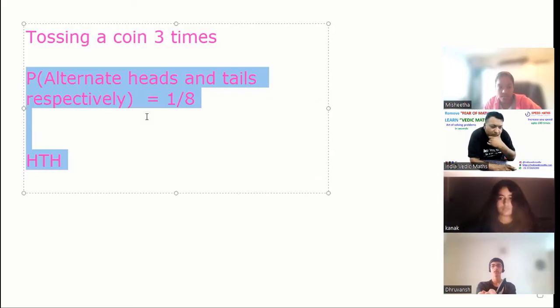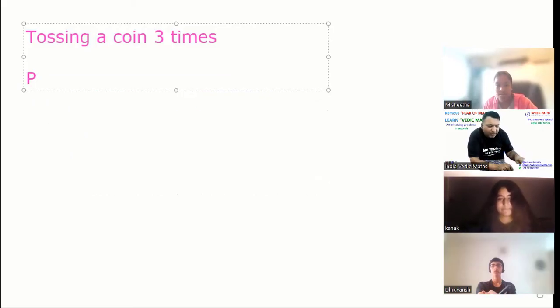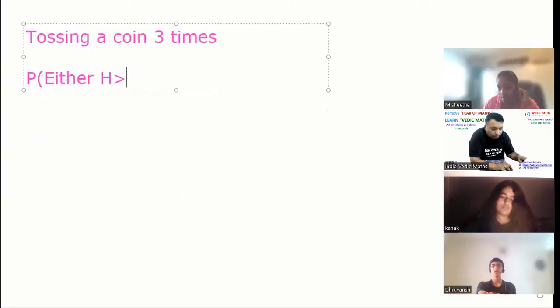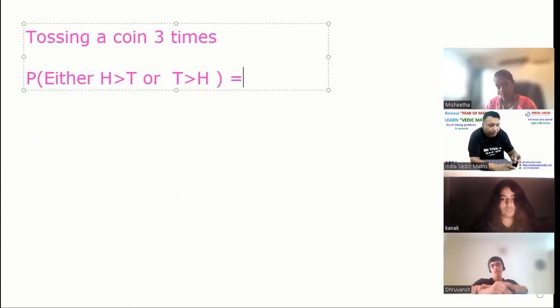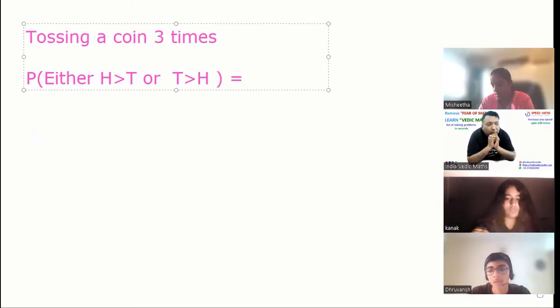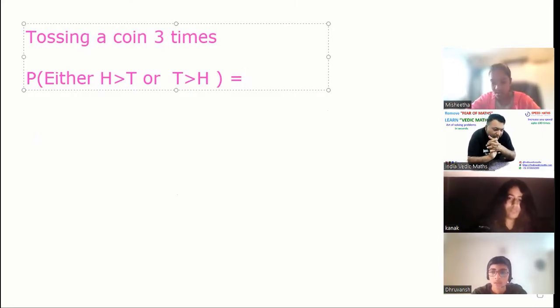Yes, sir. What is the probability of getting more heads than tails? Think and tell me. Kanak says this, and Kanak, you are correct.